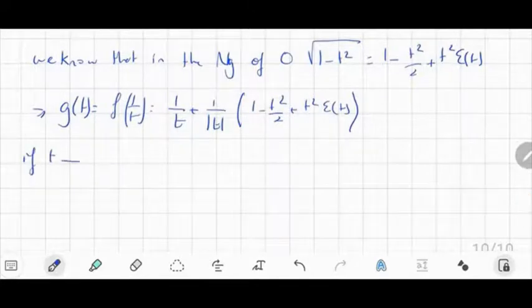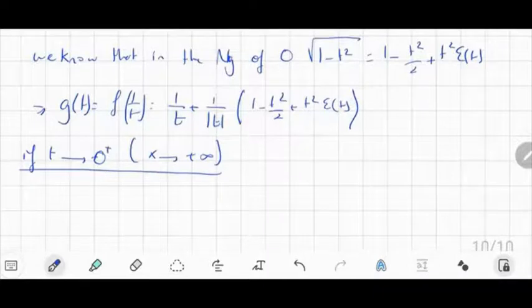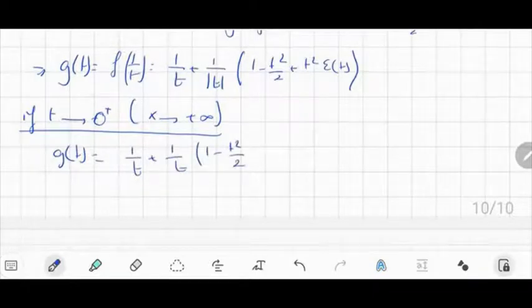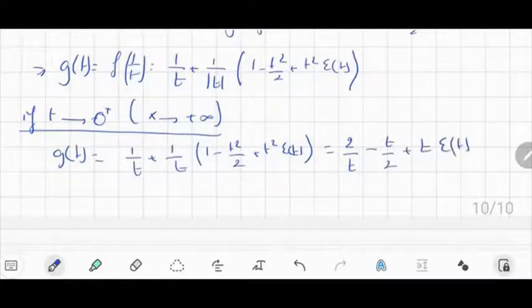If t goes to 0 plus, it means that x is going to plus infinity. This is the first case. Then g of t will be written as 1 over t plus 1 over t times 1 minus t squared over 2 plus t squared epsilon of t, which is equal to 2 over t minus t over 2 plus t epsilon of t.